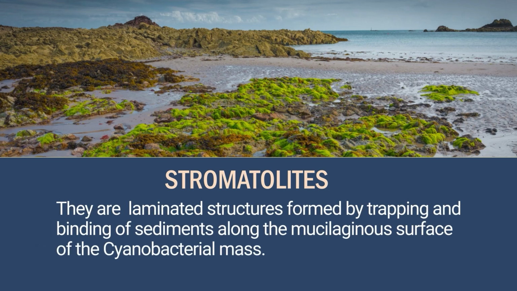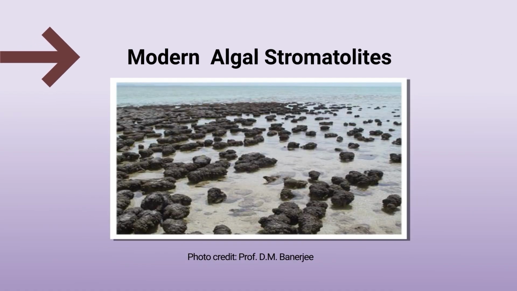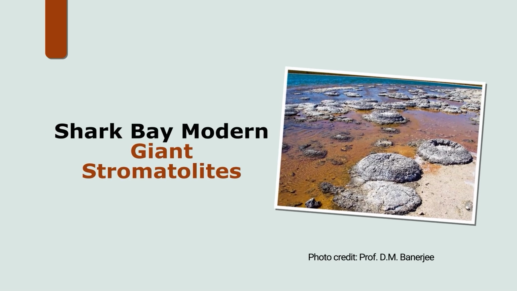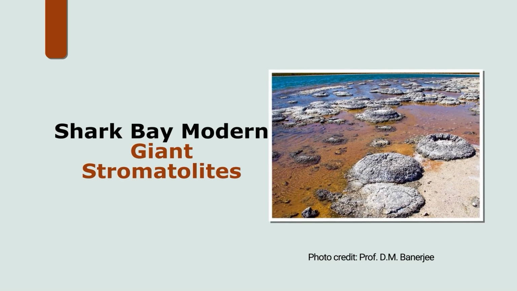They are laminated structures formed by trapping and binding of sediments along the mucilaginous surface of the cyanobacterial mass. In modern algal examples, this is in South Australia, where you have algal stromatolites growing today. They are modern. As compared to that, there is also Shark Bay, with modern giant stromatolites, you can say.